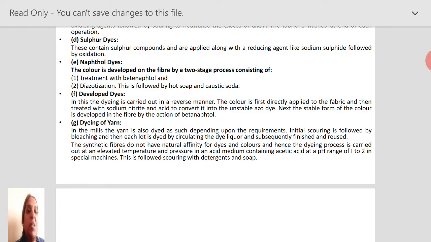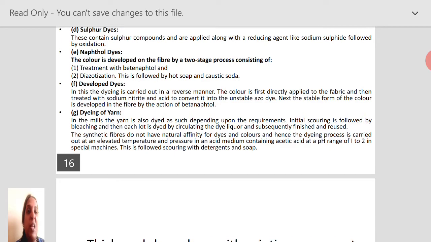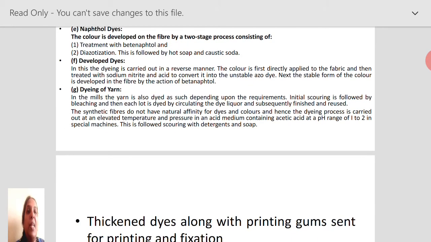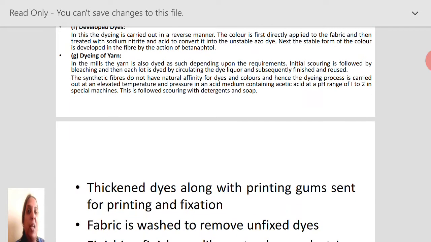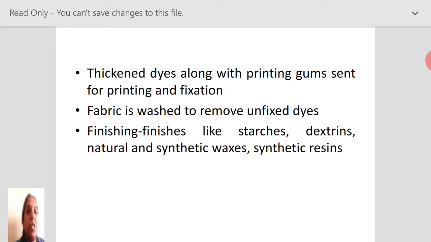So in these mills, yarn will be dyed depending upon the requirements. Initial scouring will be done, followed by bleaching, and then it will be dyed with the required dye liquid. Otherwise any other finished colors can be used for this. Then this will be followed by the scouring process with detergents and soap. So either we can dye the entire cloth, or we can dye the yarn. That depends upon the industrial requirements or the consumer requirements.